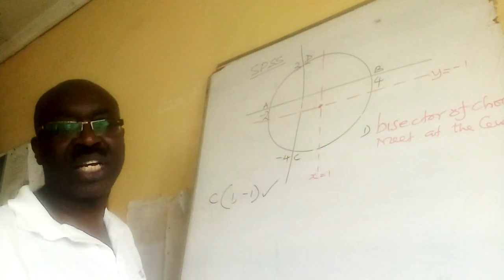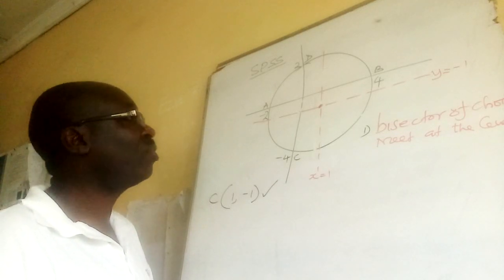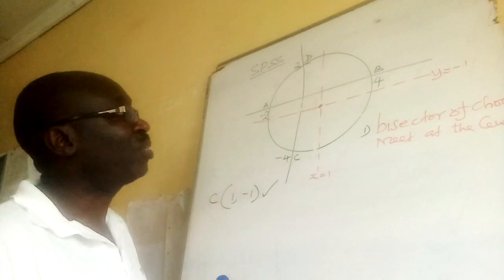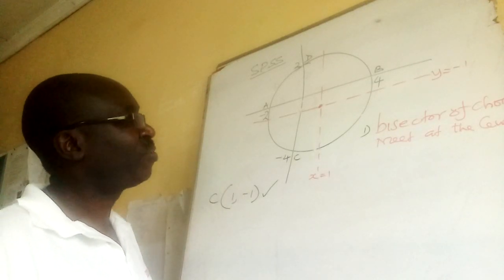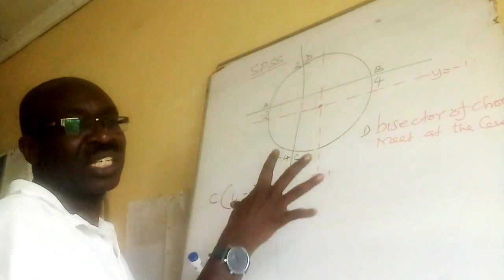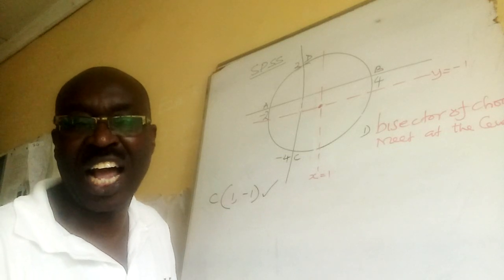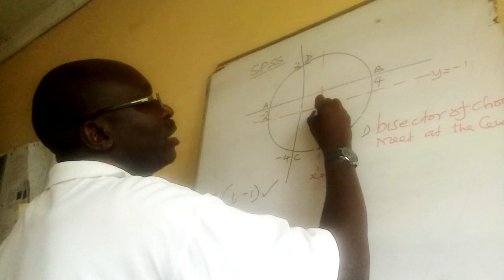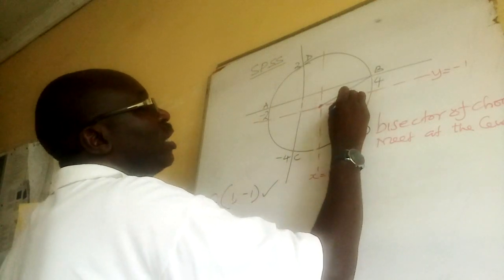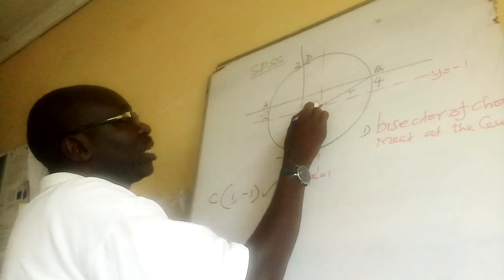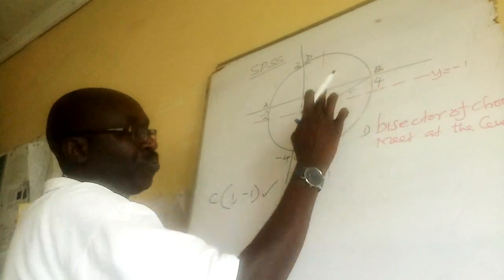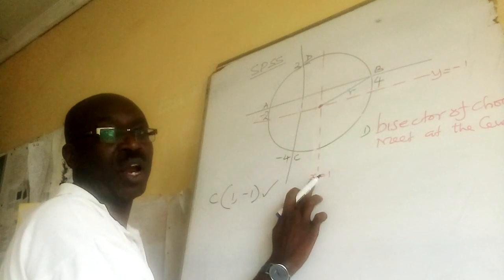So this is how we get it. Now, look at this. He wants us to get the radius. Already, there are some lines that exist here, and they are cutting each other at 90 degrees. So what I do, this up to here is the radius. This is my center. This is 3, this is 4, and this is x equals 1.